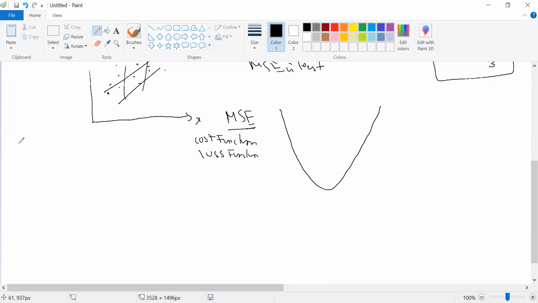And I'll say the best solution is where MSE is least, because MSE is representing your error, the mean of your squares. So MSE represents your error. So the best solution is where your MSE is least.